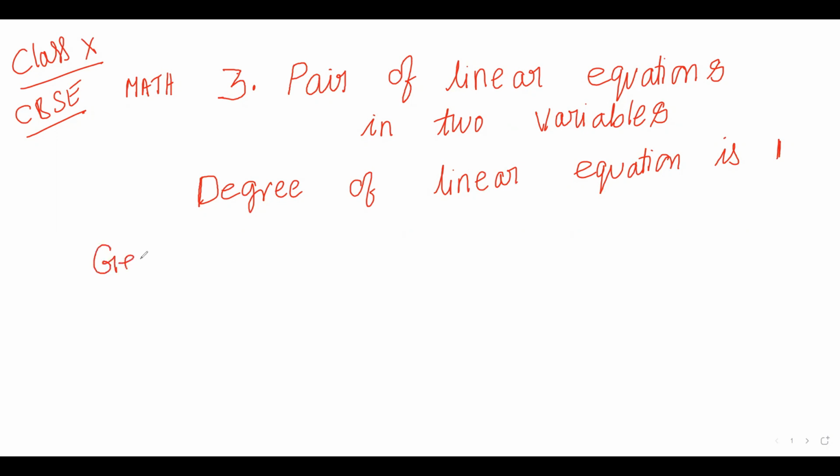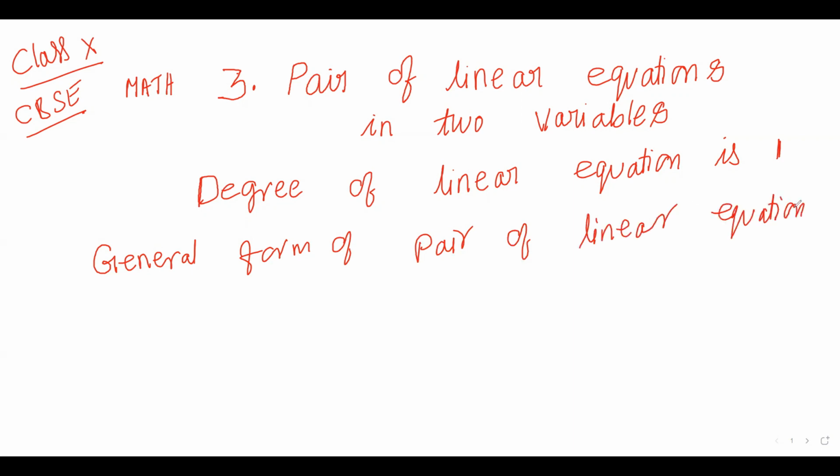General form of pair of linear equations in two variables is, so pair of linear equations means we are talking about two linear equations.